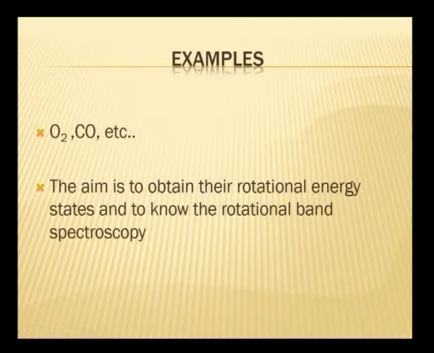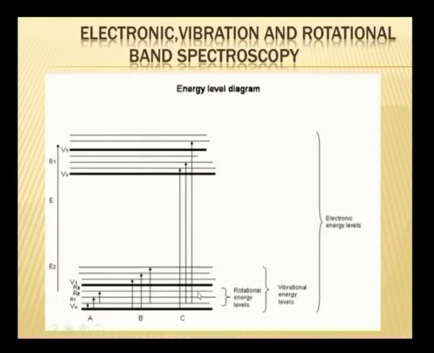Why should you know the rotational energy values? Then only you can find the rotational band spectroscopy. I would like to clarify, the rotational band spectroscopy that you have here will be in the microwave regime.